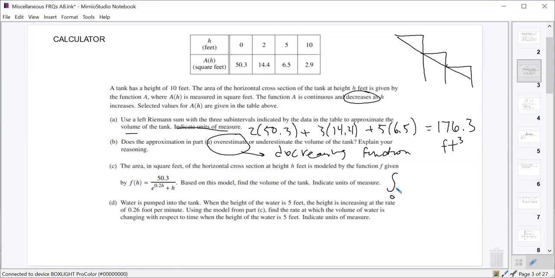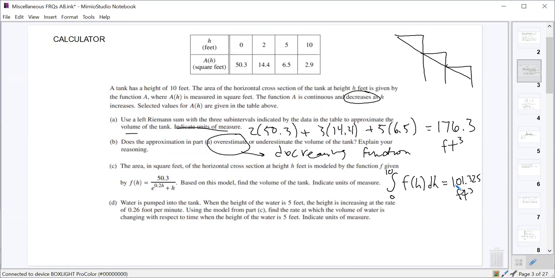I'm going to integrate that function from 0 to 10. Everybody good with that? Is that what you said? I don't know what you said. And what do you get? 101.325 feet cubed. Feet cubed. Everybody good with part C?